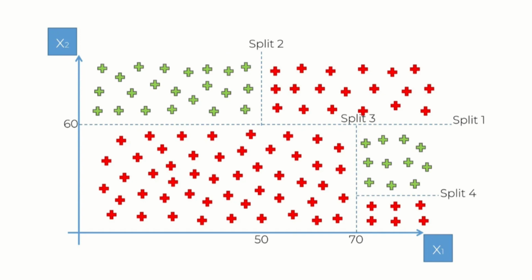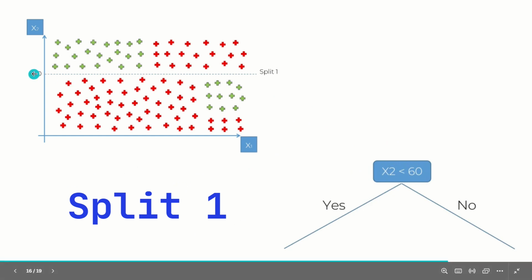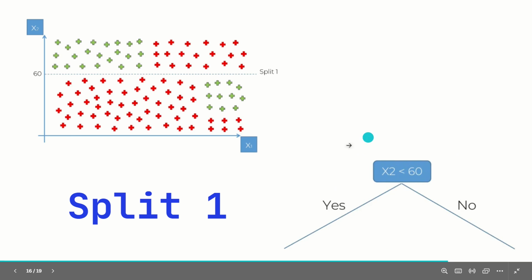So let's see how the tree works, how we can make a tree with these splits. When we have split 1 available at x2 equal to 60, this is how we start. X2 less than 60, we have two possibilities available, yes and no. Okay, this is split 1. With split 1 we are able to construct this portion of the tree.